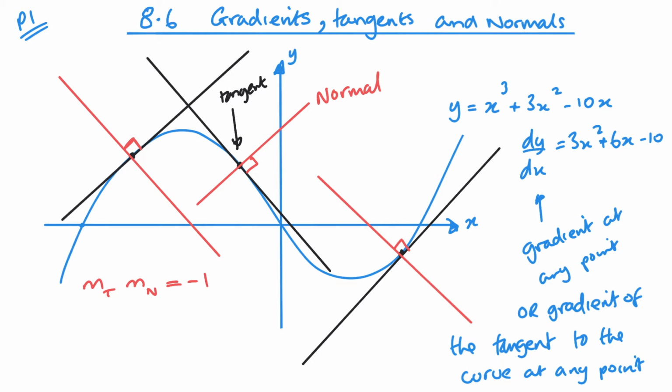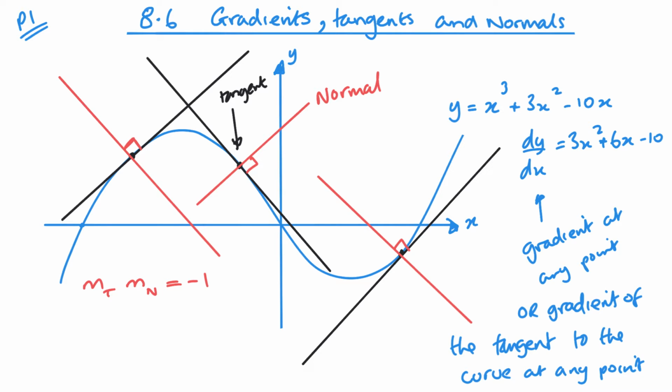If I have a tangent that has a gradient of 3/2, my normal's gradient will be -2/3. If I have a tangent that has a gradient of -1/5, my normal will have a gradient of 5. So that is what I'm looking at in terms of my normal and my tangent. They are perpendicular lines at that point.